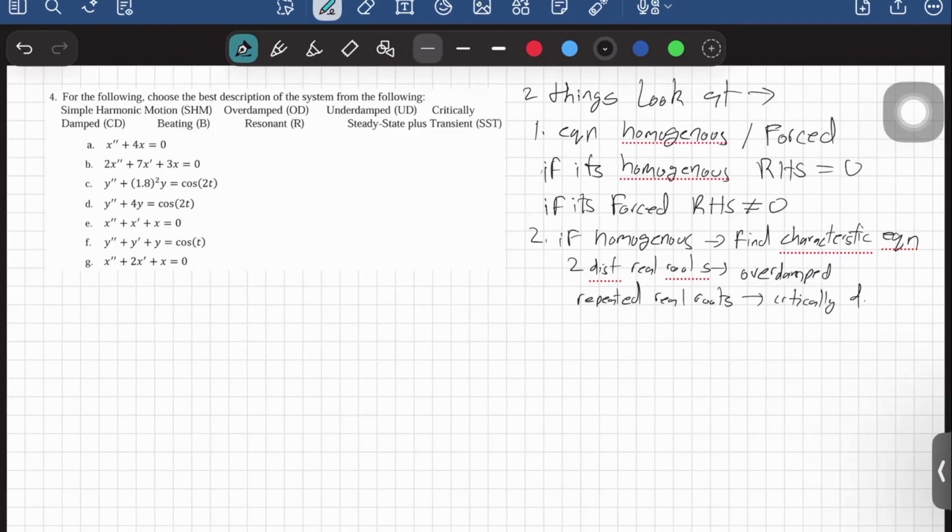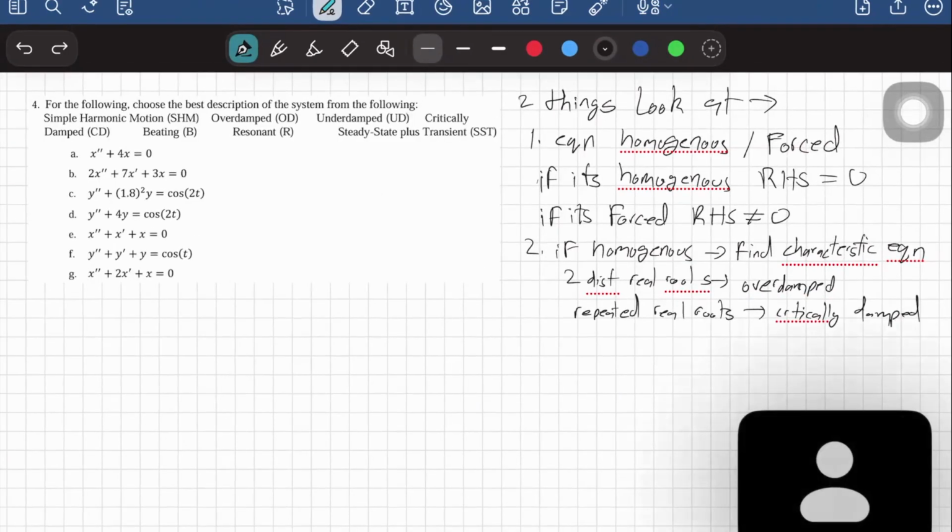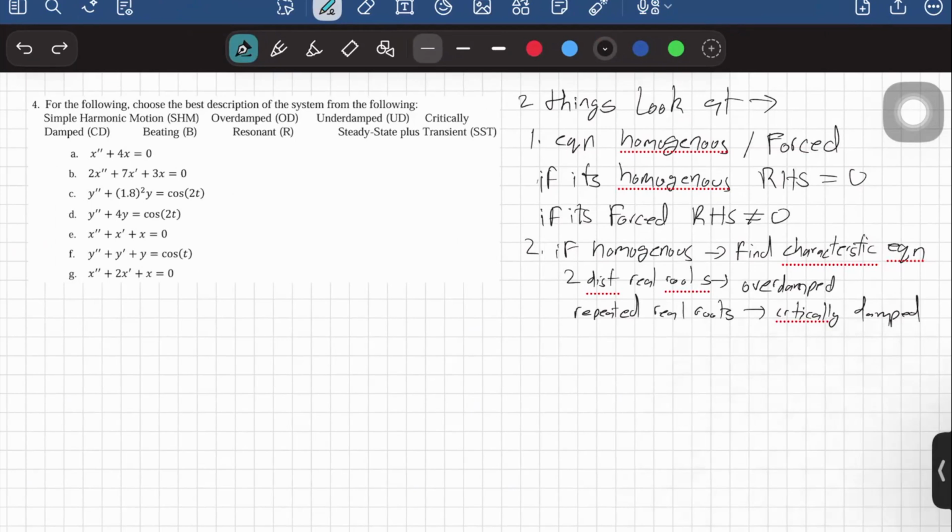Critically damped. Sorry for the pause, but as I was saying, if our equation is a homogeneous equation, when we find the roots of the characteristic equation, we can infer if it is overdamped, critically damped, underdamped, or simple harmonic.